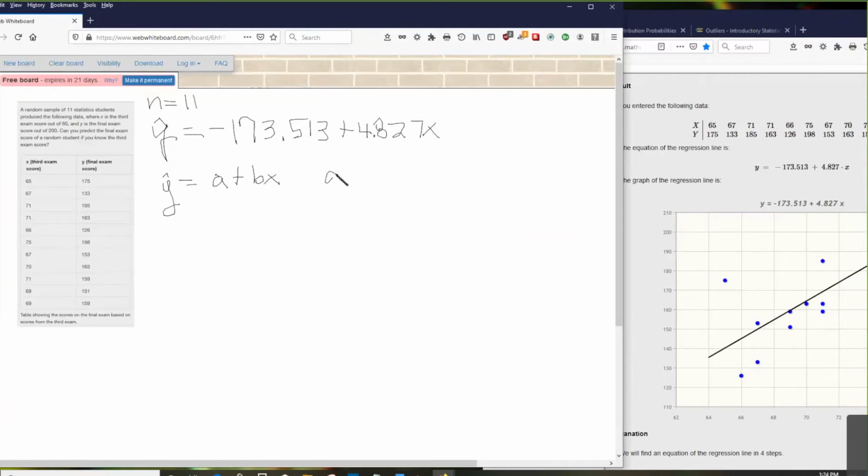and that's where a equals the mean of y minus b times the mean of x.